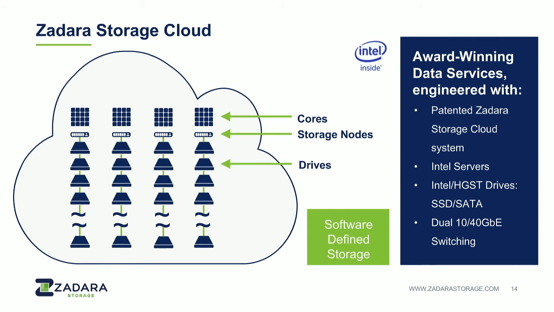So a storage node is a server. It has a lot of memory, a lot of CPUs, and a lot of drives directly attached to it. And those are the Intel and HGST drives that I mentioned. And our software-defined storage binds it all together into a VPSA, actually a lot of VPSAs that are dedicated on a customer-by-customer basis and are defined in real time by the customers.